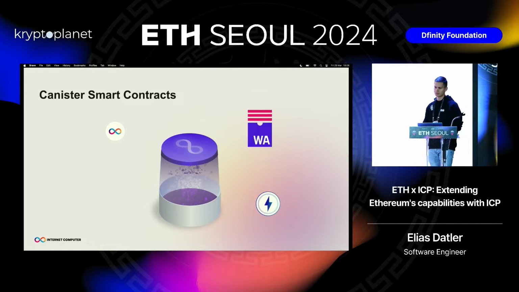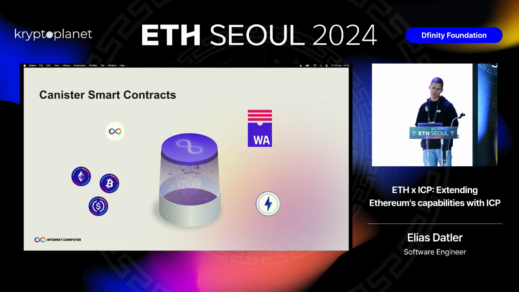Now, canisters can of course also hold tokens, so they can hold our native token ICP, and we also have our own token standard ICRC1 that's similar to ERC20 on Ethereum, and they can transact with these tokens, hold them, everything you would expect. And we also have, since a few months ago, Bitcoin and Ethereum, and soon we will also have other ERC20 tokens like USDC or you name it, that you can use in your canister and transact.